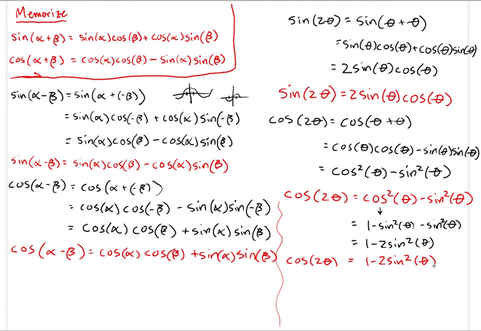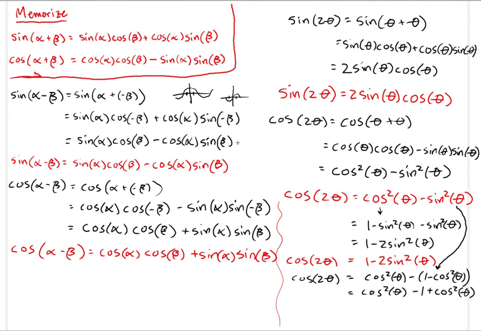And then, of course, version number 3, cosine 2 theta, comes from me replacing sine squared with 1 minus cosine squared. So cos squared theta minus 1 minus cosine squared theta, which is cos squared theta minus 1 plus cosine squared theta.